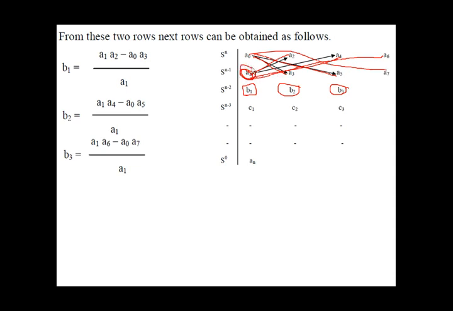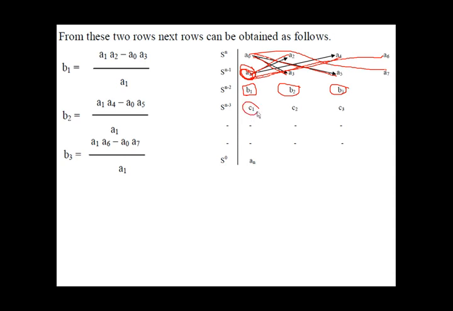So in the denominator, the first element of the second row should be there. It should not change. In all three elements the denominator is the same, that is a1. The only thing is the multiplied factors must change depending on the position. So this is b1, b2, b3.